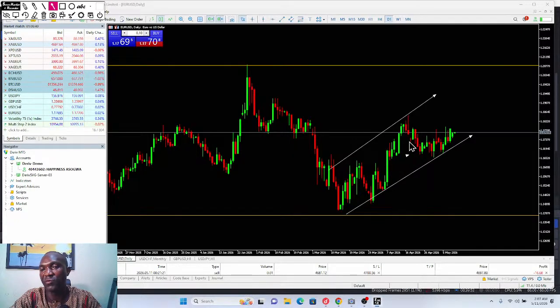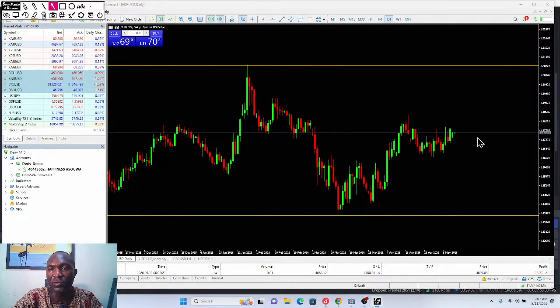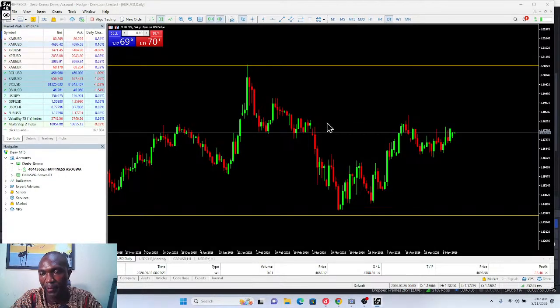Here the low is not valid because this particular place came down and took it down. Okay, good. So the candle is still bullish on the week. It's still bullish. So all we need to do is to now watch out for the market.